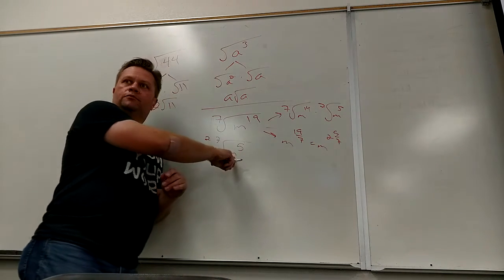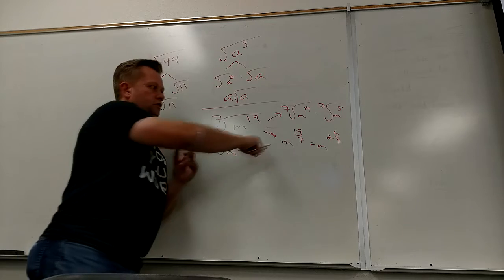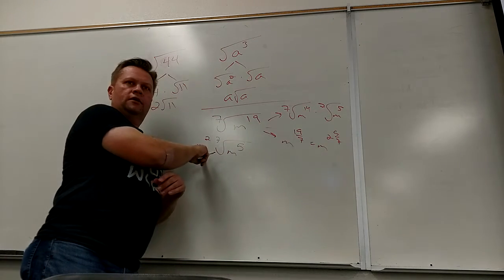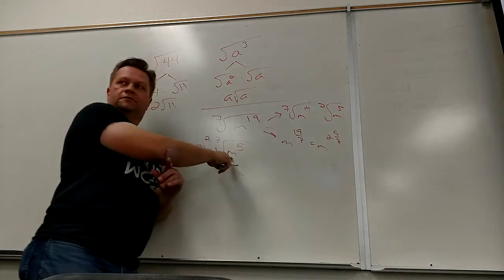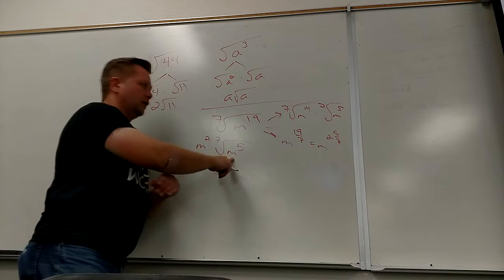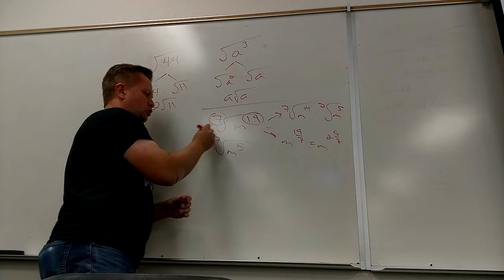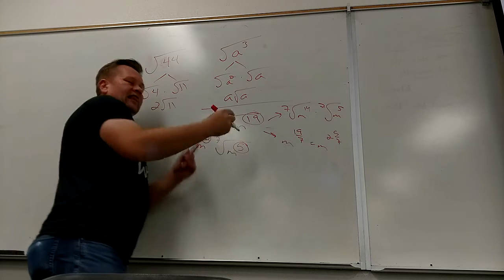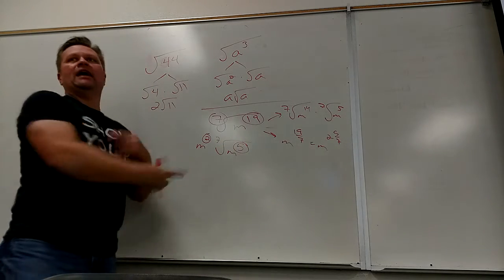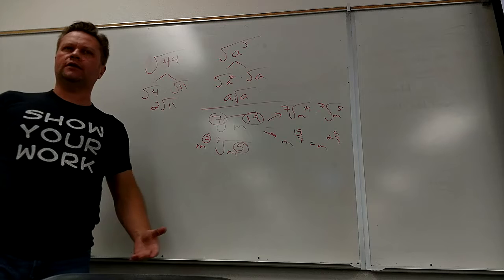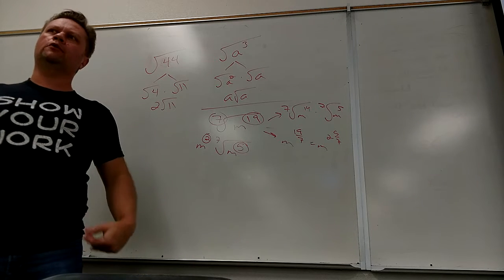See how it's the same language I just used here? So there's a whole m squared and then an m to the 5/7. The way you've said it ever since you first learned it is the way it works with roots.